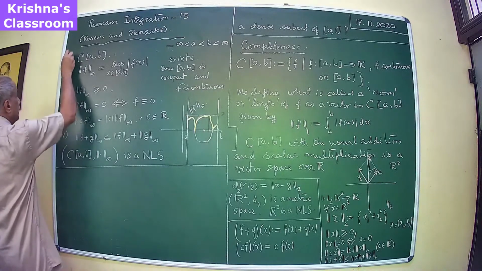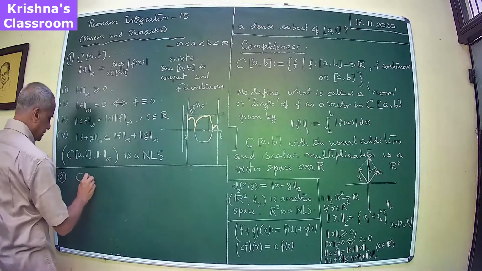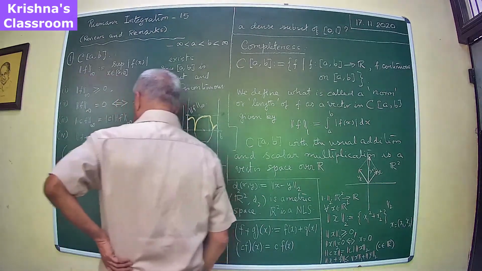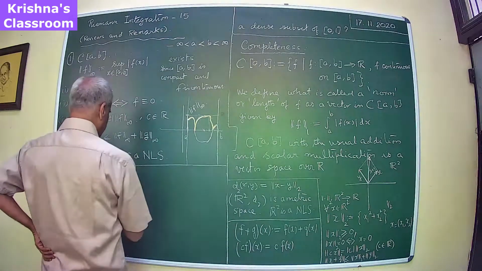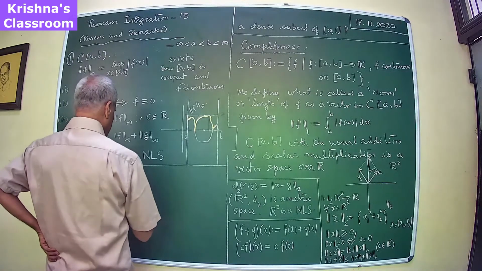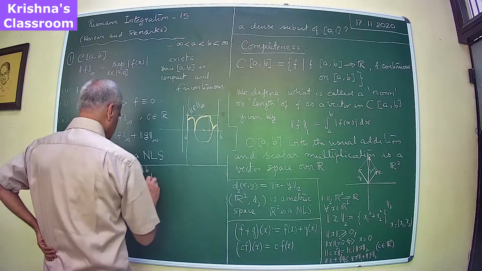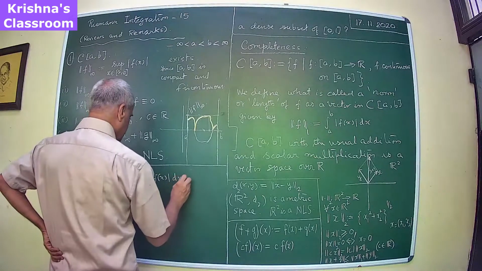There are several that you can define, that I can just mention. You define the norm of f equal to 1, which exists.